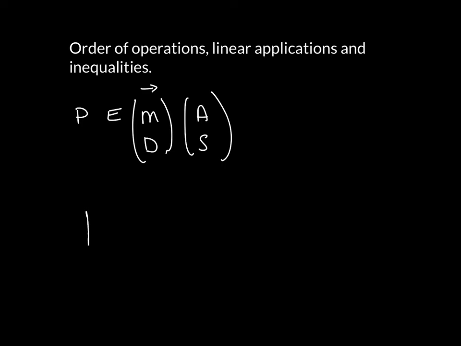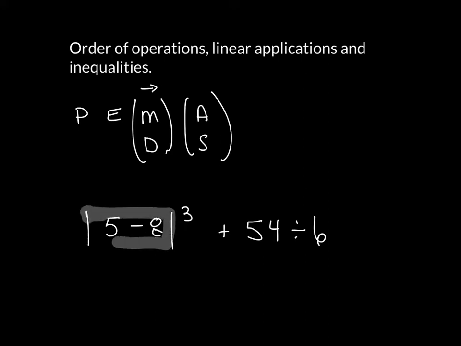I have the absolute value of 5 minus 8 to the third power plus 54 divided by 6. Now, when you're looking at this, I want you to see that whenever you have something inside these absolute value symbols, it's similar to a grouping symbol of parentheses.